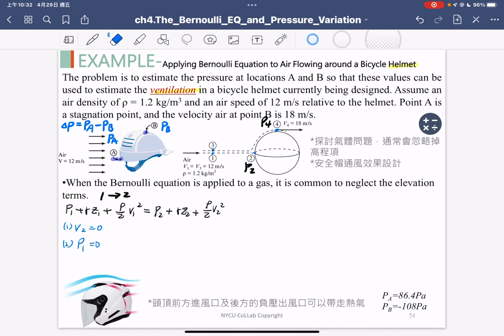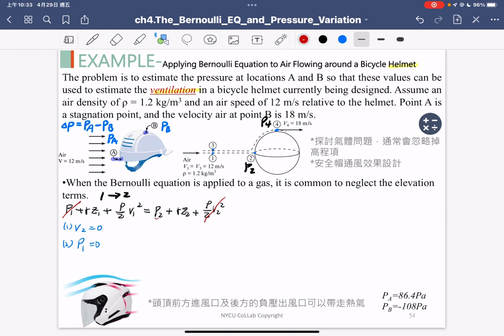So based on the two conditions, you can reorganize the equation you have. We remove the P1 and we don't have the V2, so you can calculate how large the P2 we have.